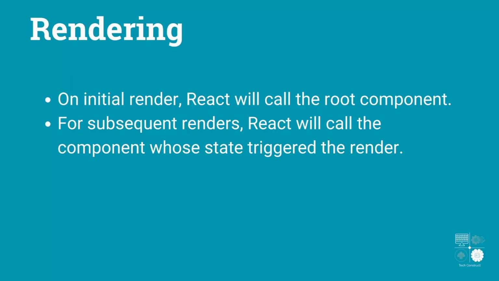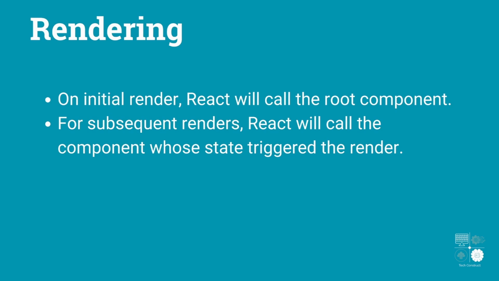In step 2, React renders our components. After triggering a render, React calls our component to determine what to display. Rendering in React is just simply calling our components. Remember, our components are just functions. On initial render, React will call the root component. For subsequent renders, React will call the function component which triggered the render.